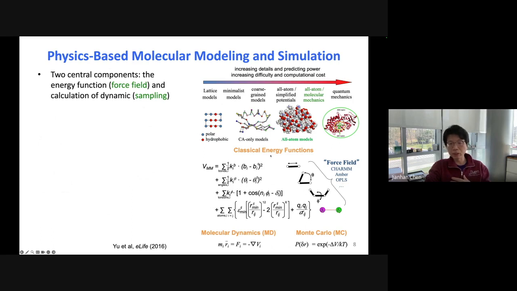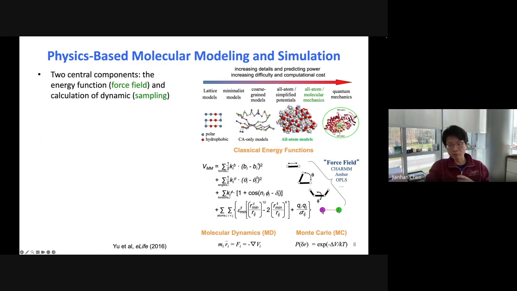This energy function contains terms that are based on our physical understanding of the types of molecular interactions that exist. For example, we know that there are chemical bonds, and that the angle between two adjacent bonds is also limited by molecular orbital properties.